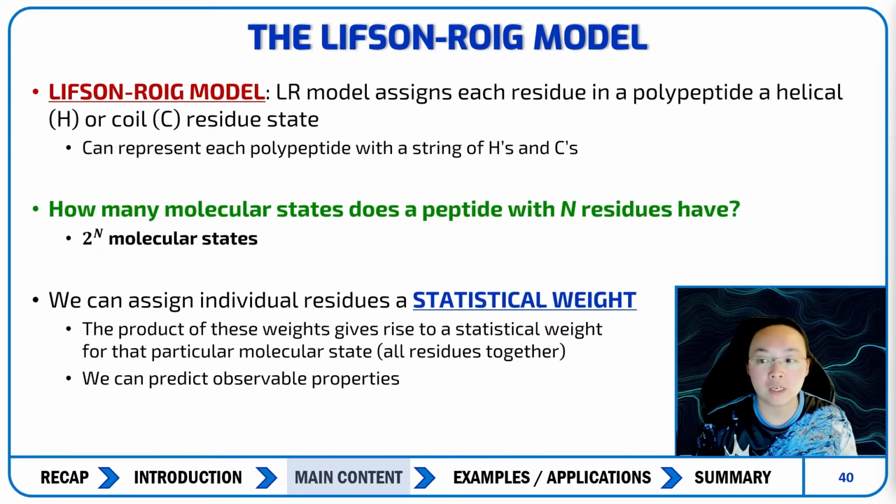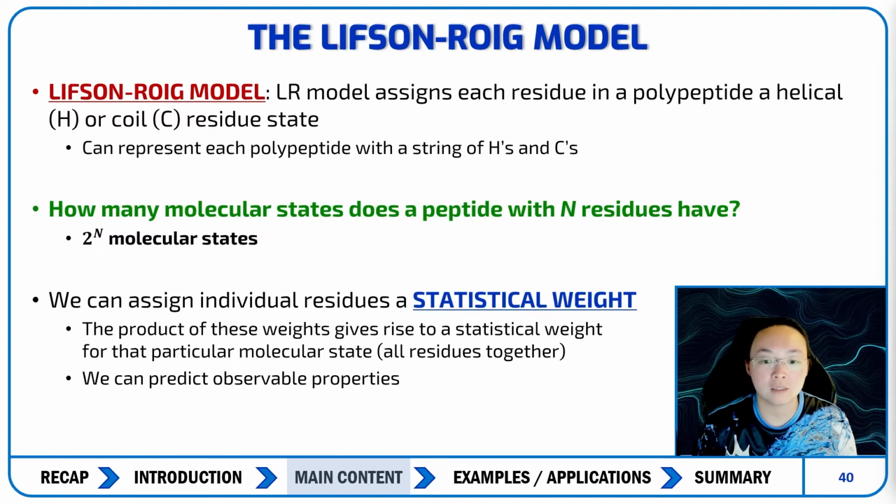So if we know that each monomer can have 2 different states because of the 2-state system of the Lifson-Roig model, what happens if we can choose the statistical weight for each one? That means we can start applying some math and probability towards our model.